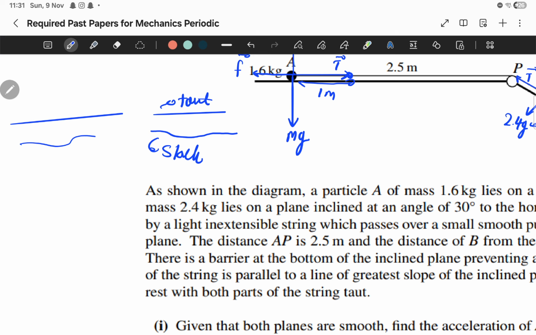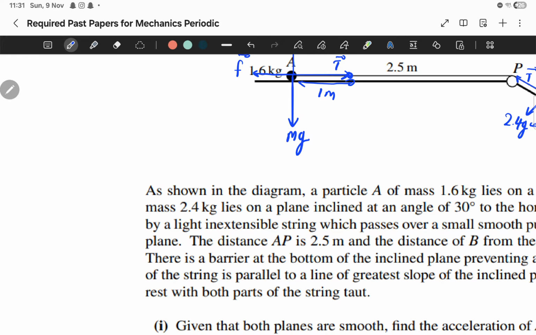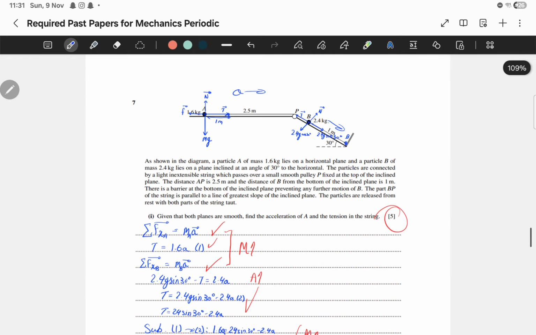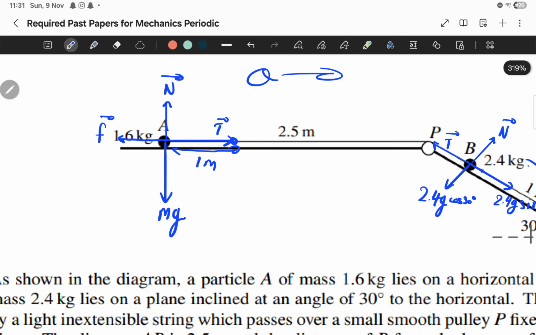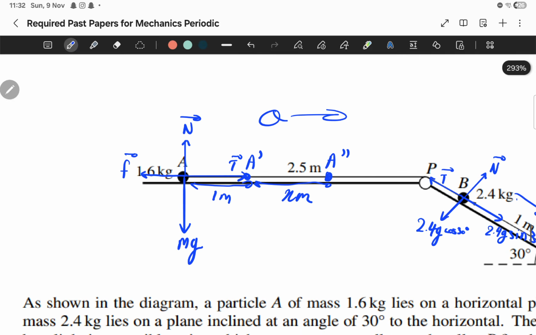So now that we know this, A will keep moving once it's slackened, right? Here it moved 1 meter while it was taut, that's called A prime. Then it moved to some point, let's say X meters, A prime prime. So this is the period when it was taut, and this is when it's slack.